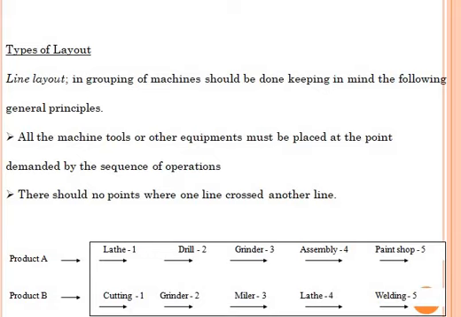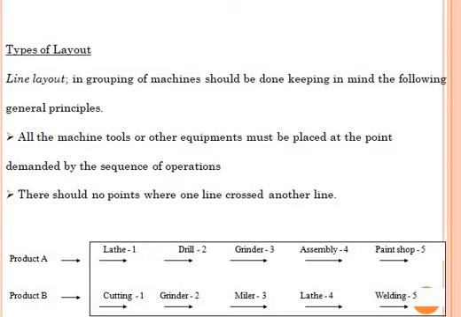Even if I have the same operation being done in two production lines, with product A I have grinding at the third step, and with product B I have grinding at the second step. These two lines cannot cross. I should have a grinding workstation in the production line for product A and a separate grinding station for product B.